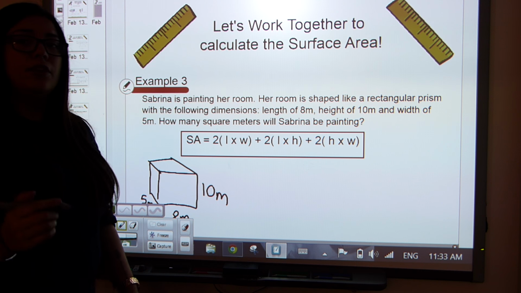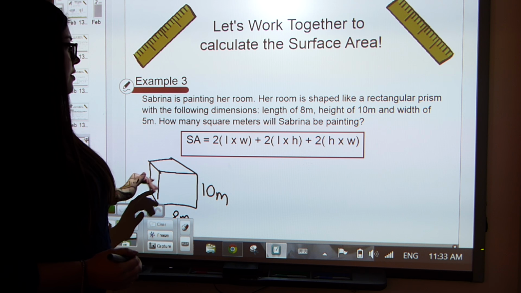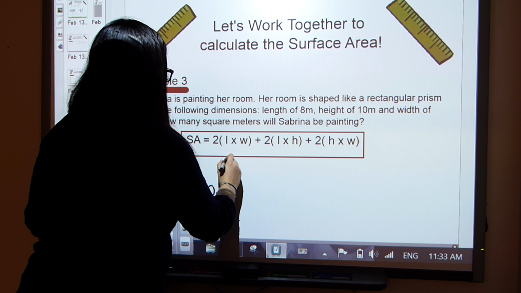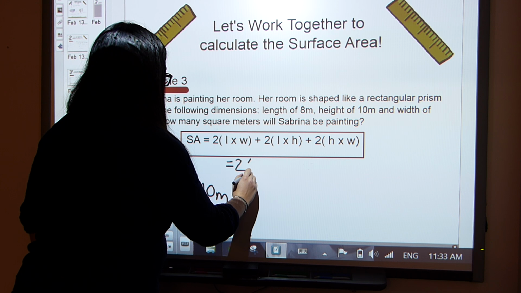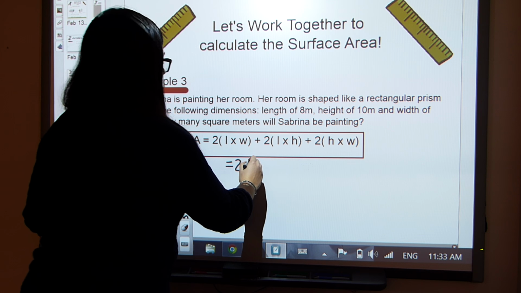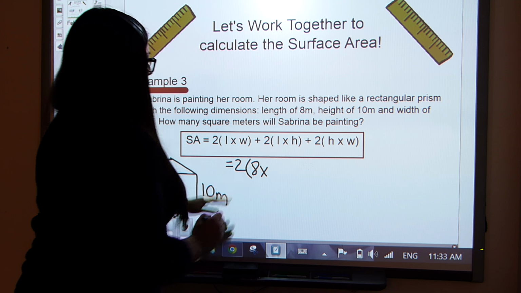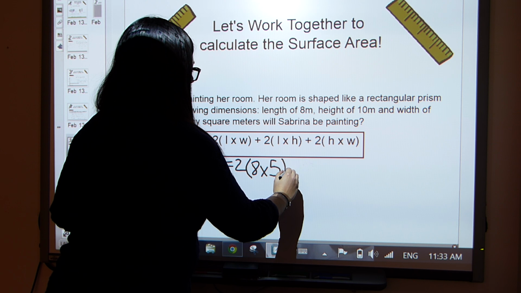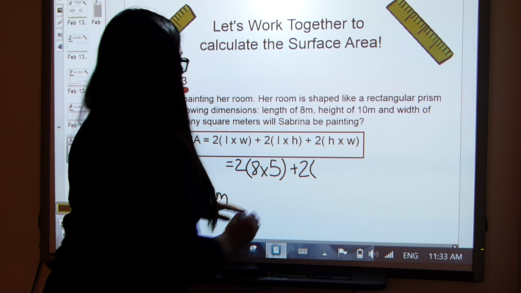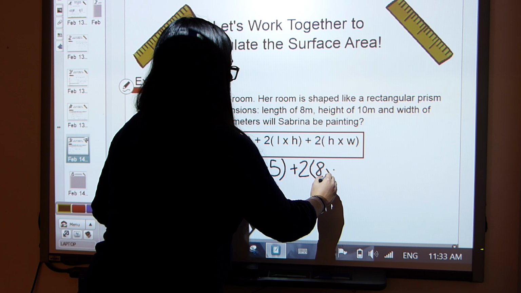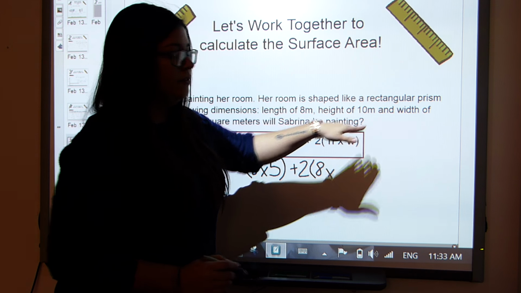Okay? So now that you know all of your variables, substitute it into your formula. So let's do that. So length is 8. Width is 5. Again, length is 8. Now your height is 10.